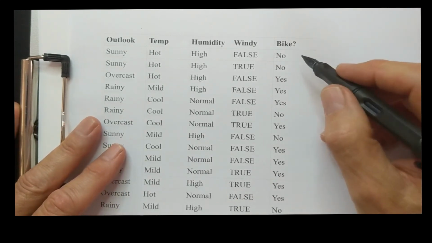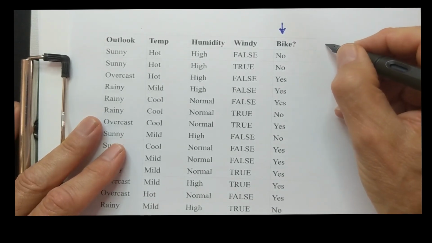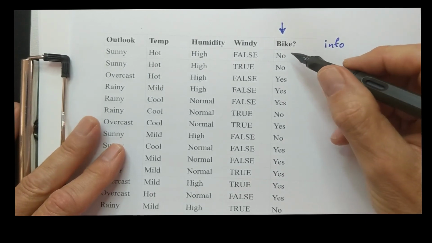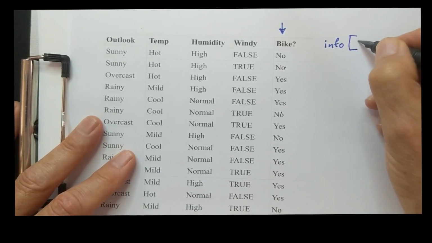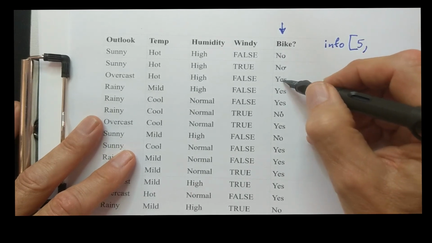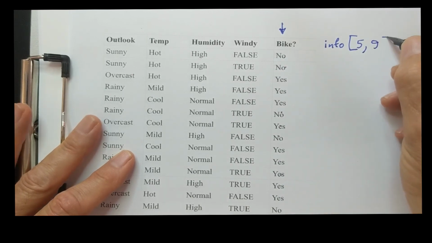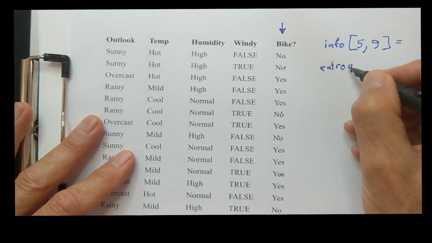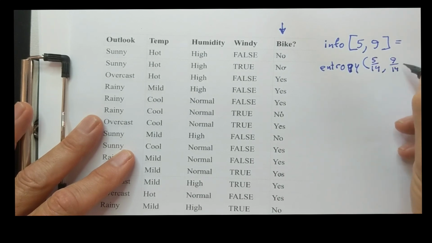Let's just, to start, do a simple one. Let's look at the original entropy of this column here. I'm just going to call it info. And we just add it up. So we have 1, 2, 3, 4, 5 no's, and 1, 2, 3, 4, 5, 6, 7, 8, 9 yeses. And so that's going to be the entropy of 5/14 and 9/14.